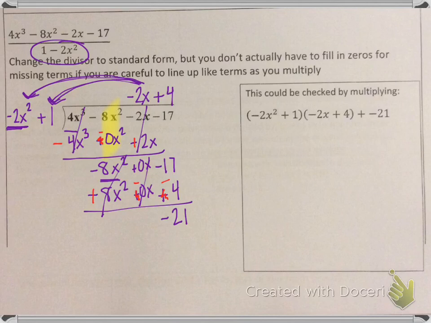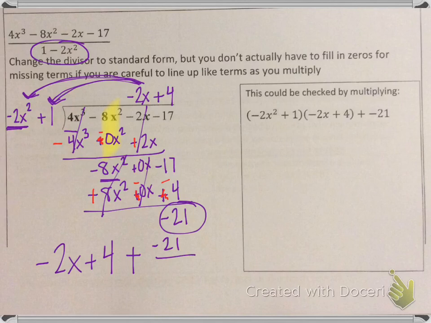So my answer would be negative 2x plus 4. And then negative 21, you could either write plus negative 21 over negative 2x squared plus 1, or you could change that negative sign into a subtraction sign there.